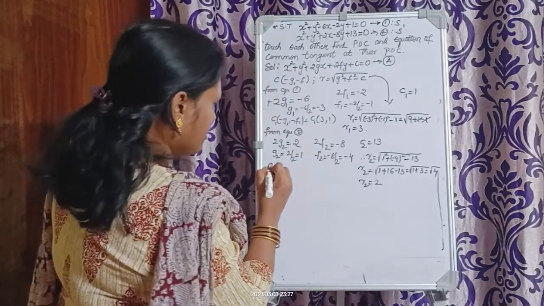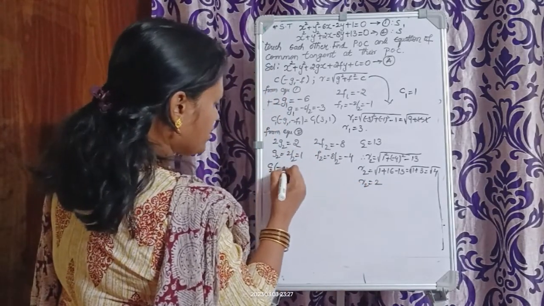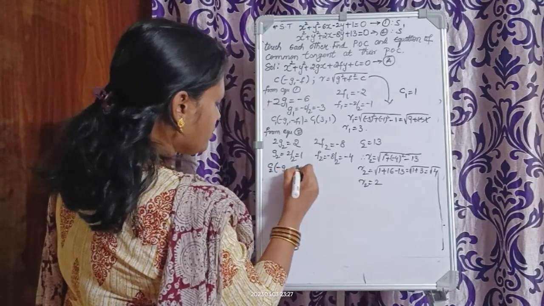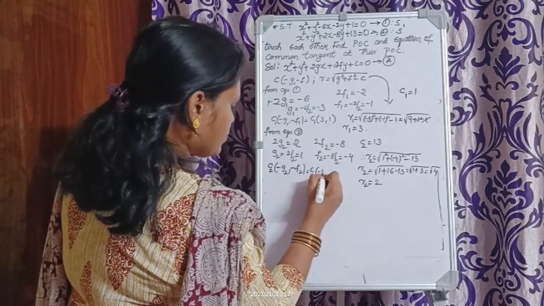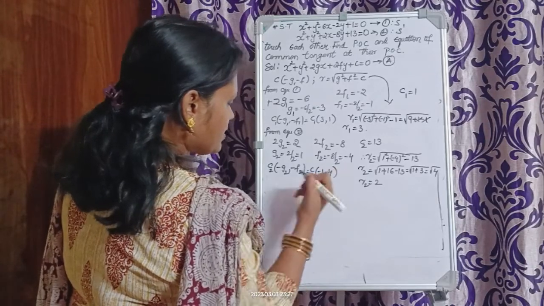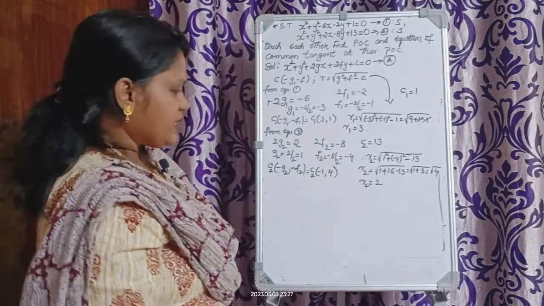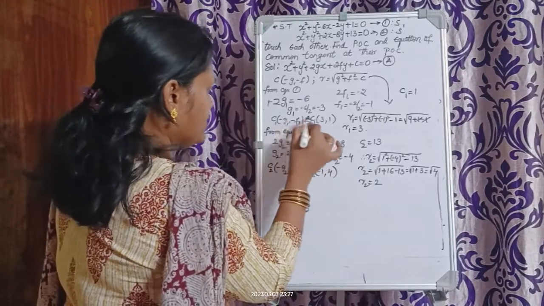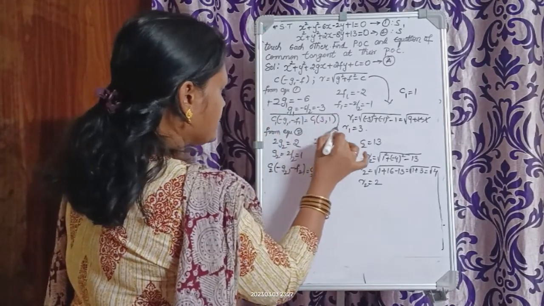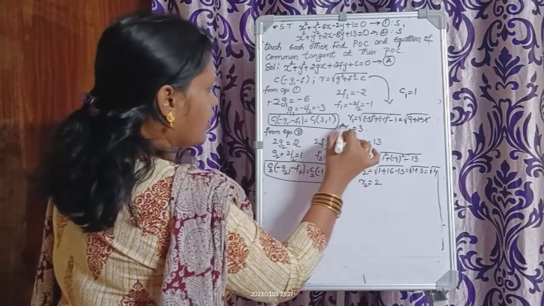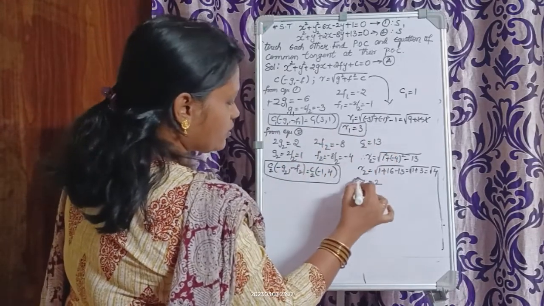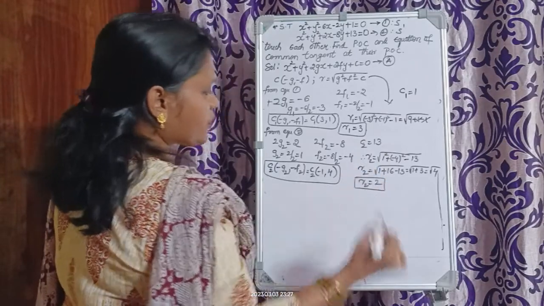And here C2 is minus g2, minus f2, which is C2 is minus 1 comma, minus of minus is plus, 4. So these are the centers, right? C1 is this and C2 is this. R1 we got 3, R2 we got 2.